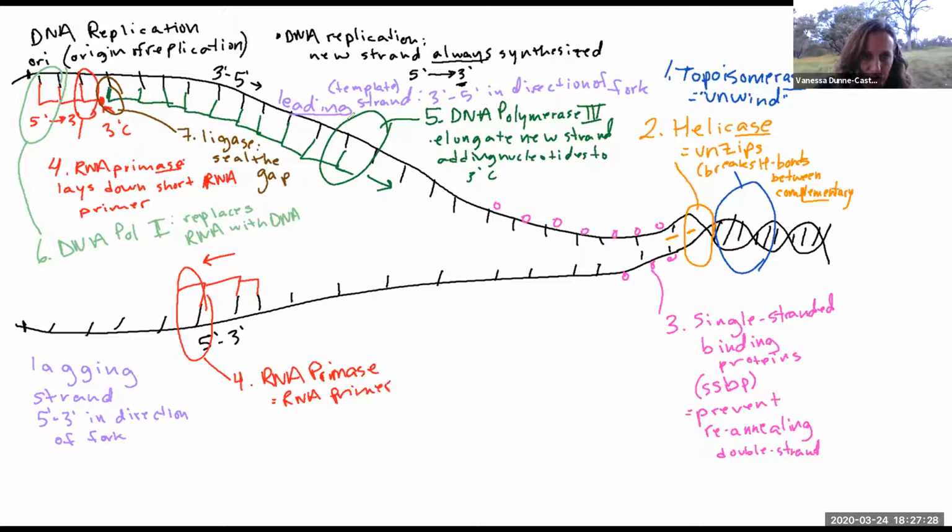Step number 5, just as we had up here, is elongation with DNA polymerase 3, but remember we're going backwards here. So here we have DNA polymerase 3 adding on new nucleotides from 5' to 3', so here's that 3' carbon, here's the 5' carbon. It's going in the opposite direction, and this will continue until it hits something.